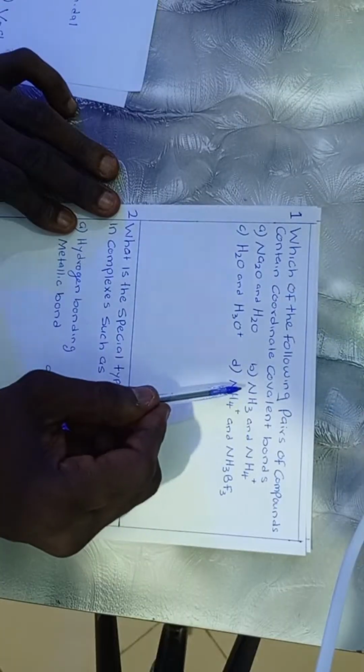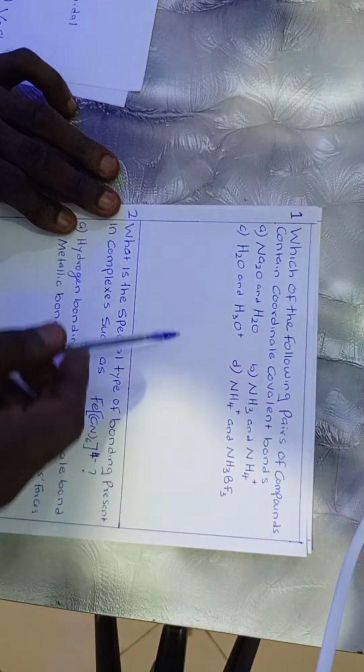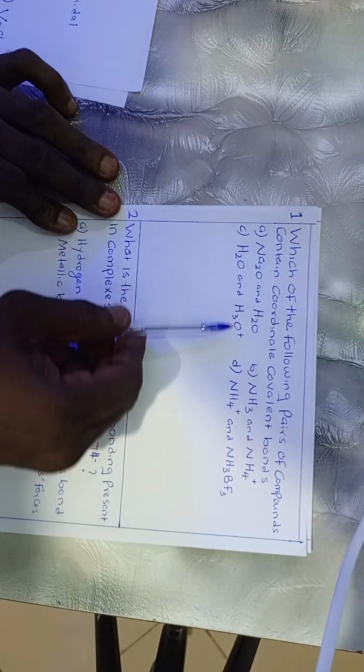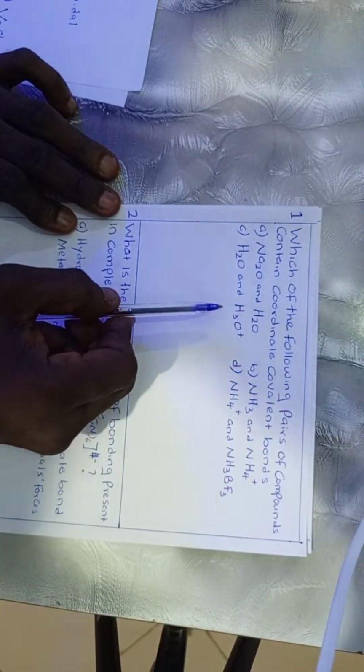So if you are not really following, you might miss the answer. Going to option C, it is also mixed. Water contains covalent bonds while the hydronium ion contains coordinate covalent bonds.